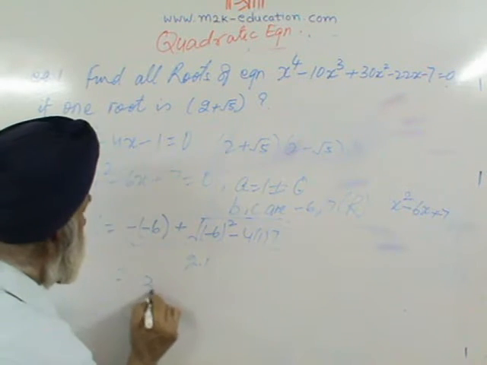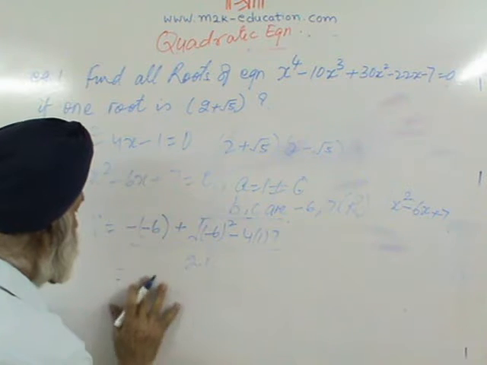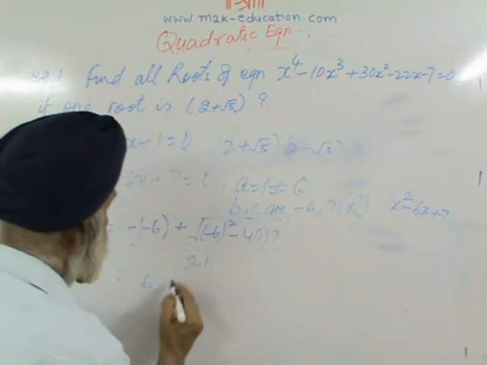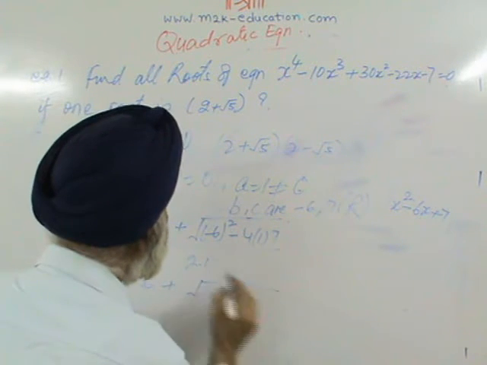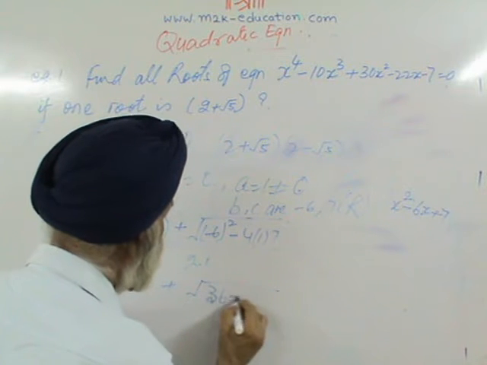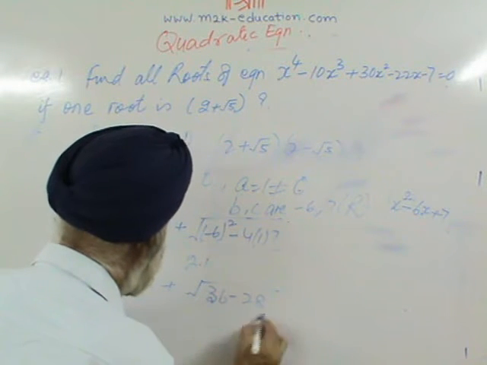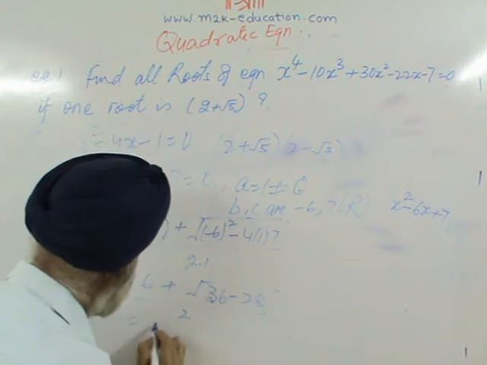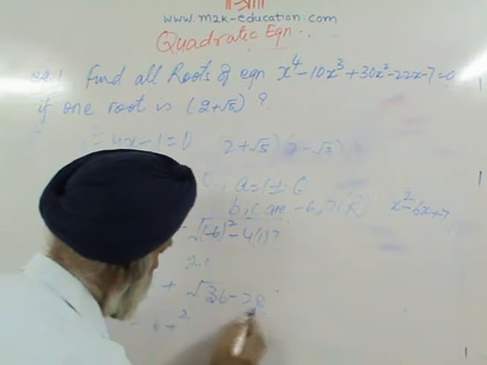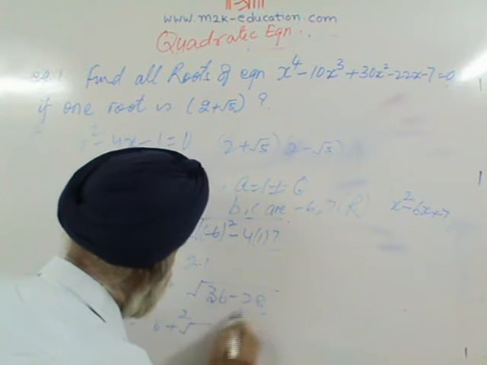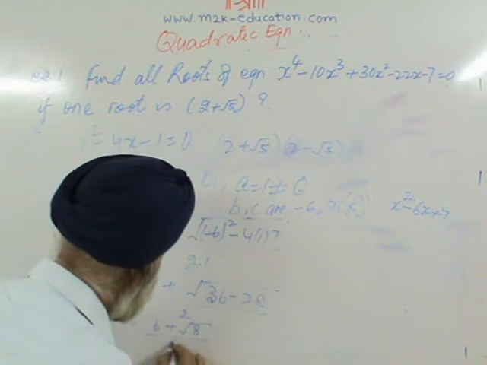That becomes plus 6 plus root of 36 minus 28 upon 2, or it becomes 6 plus root of 8 upon 2.